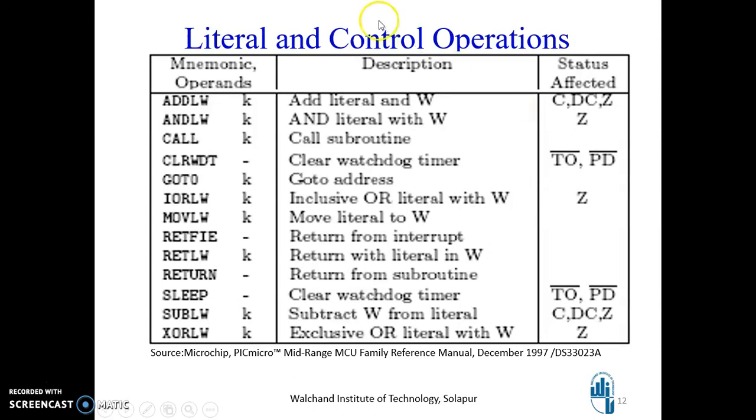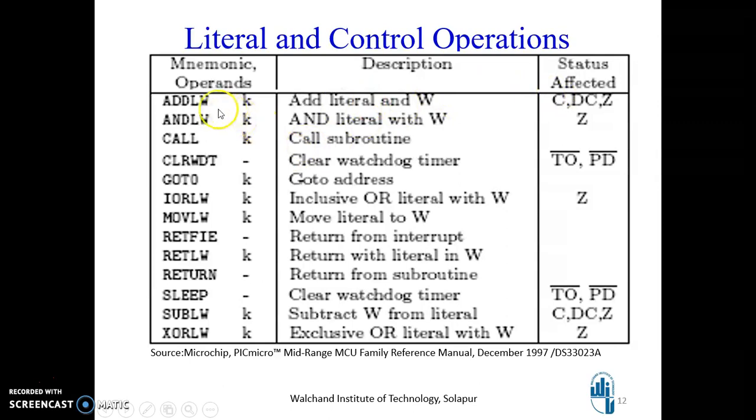Now this is another category of instruction where you are using a literal. Literal means it is a sort of immediate data available in the instruction. Let us say the instruction ADDLW. L stands for literal. The contents of the working register are added with the 8-bit literal value which is provided in the instruction, and the result is stored in the working register itself.